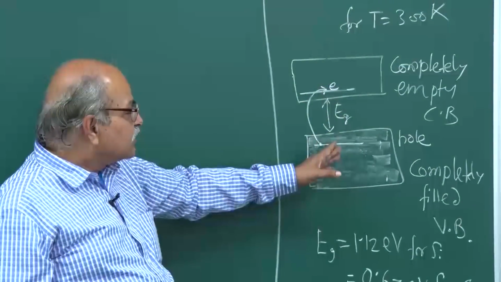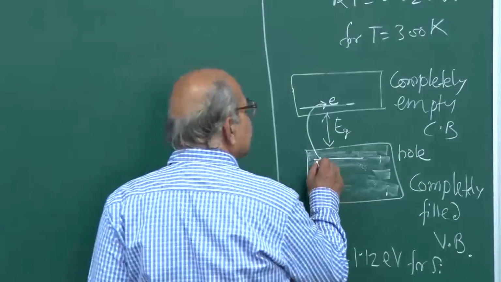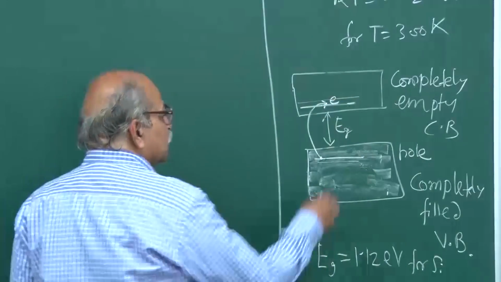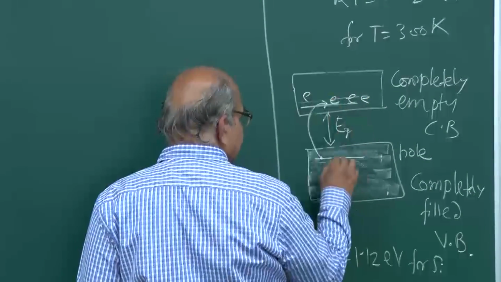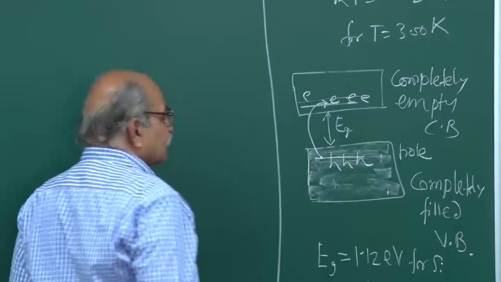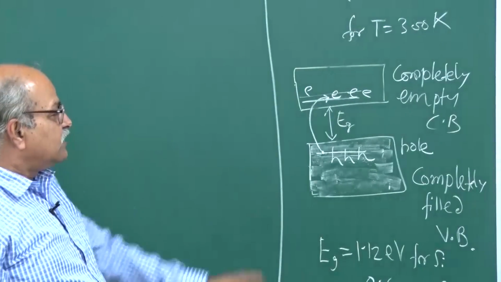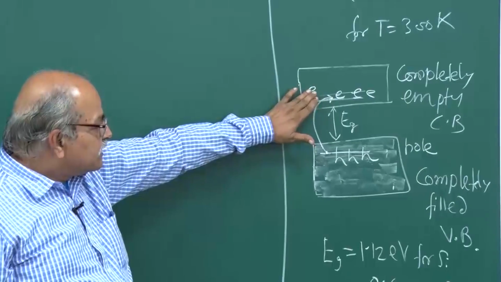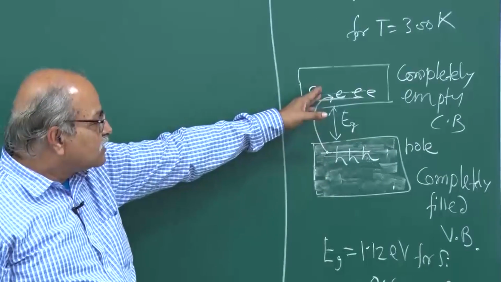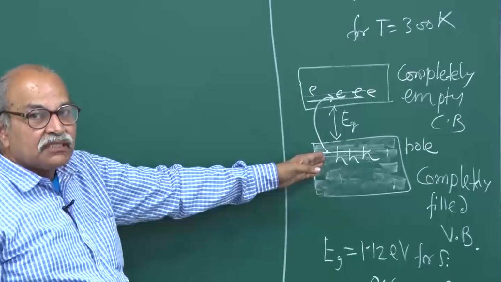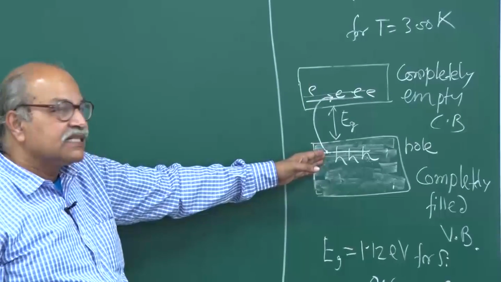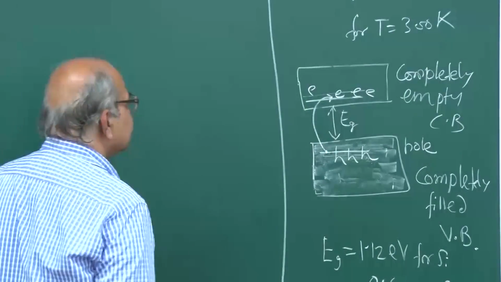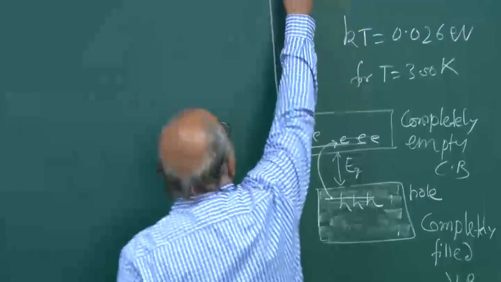So, at any given temperature, some of the quantum states here will be empty and some of the quantum states here will be filled, and therefore you will have some electrons here and the same number of holes here. This kind of material, where you have the same number of electrons and the same number of holes, and these electrons are here only because some valence band electrons have received that energy, a pure semiconductor, is known as an intrinsic semiconductor.